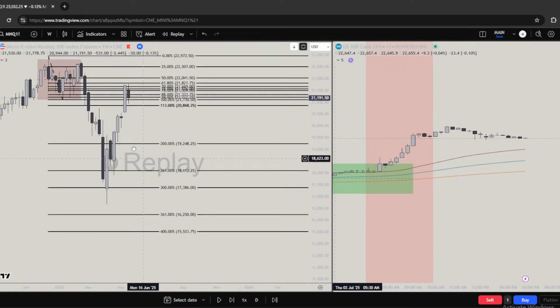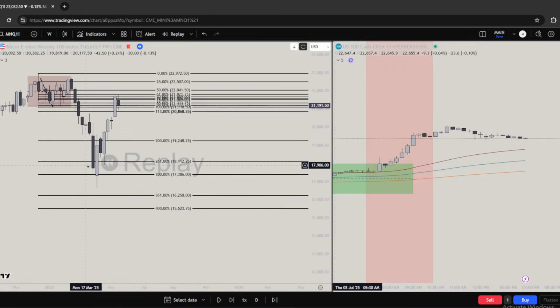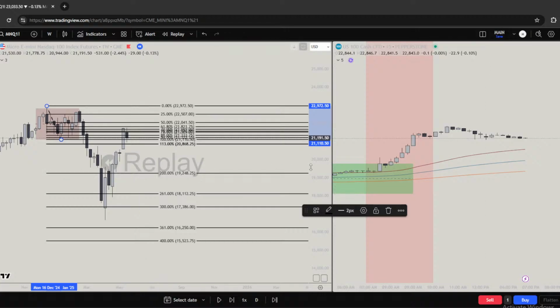Yep. Price came down. We had initial rejection off this 261. Then price came down to this 300. Price is coming back up.